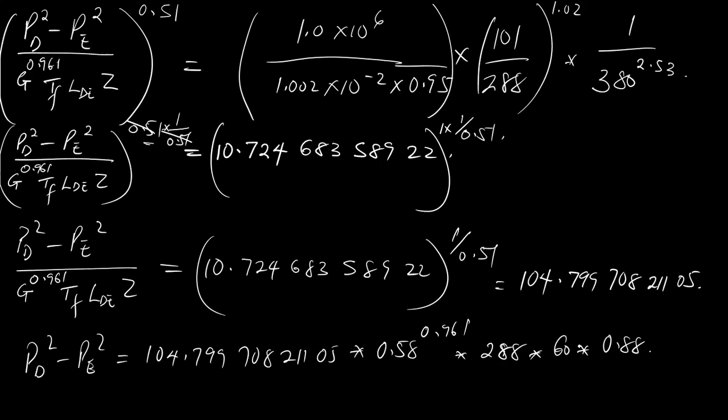We now see times 0.58 raised to power 0.961 times 288 times 60 times 0.88 equal to.